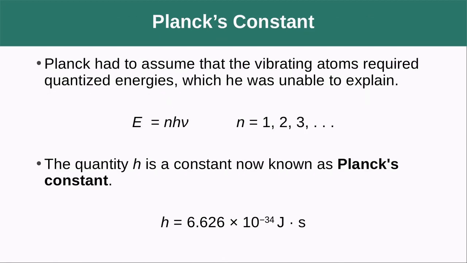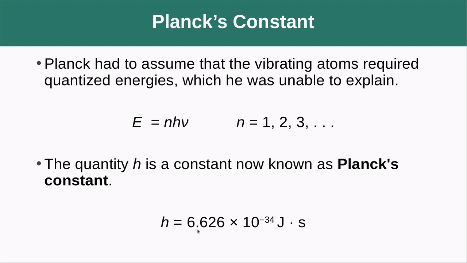So what Planck did that was so revolutionary is that he started to develop a theory that related the energy of these vibrating atoms to the frequency. And he said that the energy has to be equal to n, where n is 1, 2, 3, or 4 or something, times some constant, which is known as the Planck constant now.